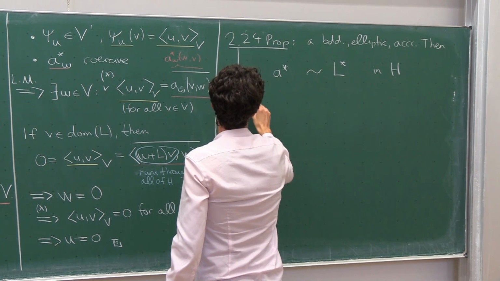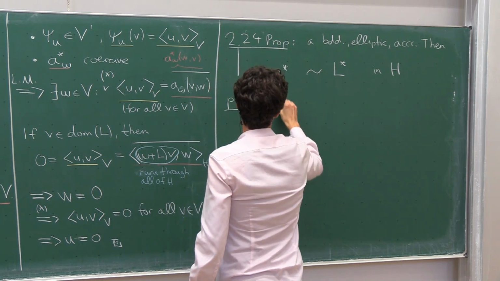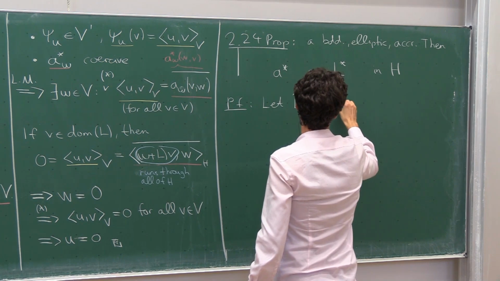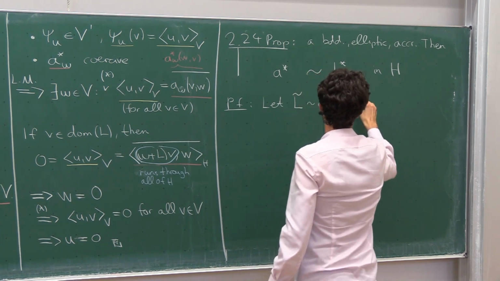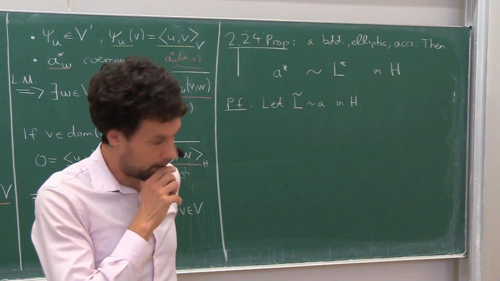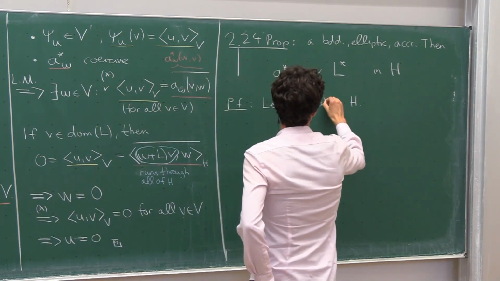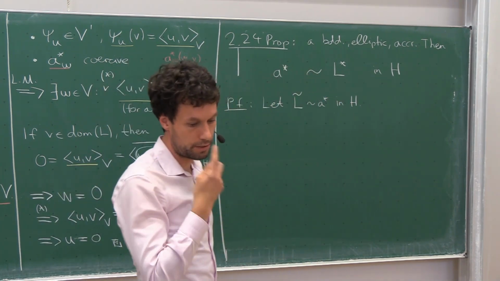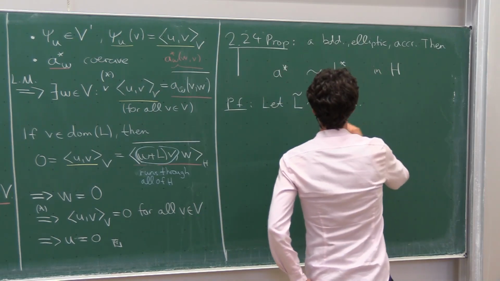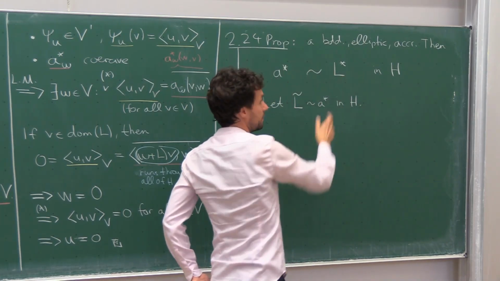Okay. So for the proof I'm going to let L tilde be the operator associated with A star in H, of course. And L is the one associated with A. And now I try to prove something. I have to relate somehow this L tilde with the L star.